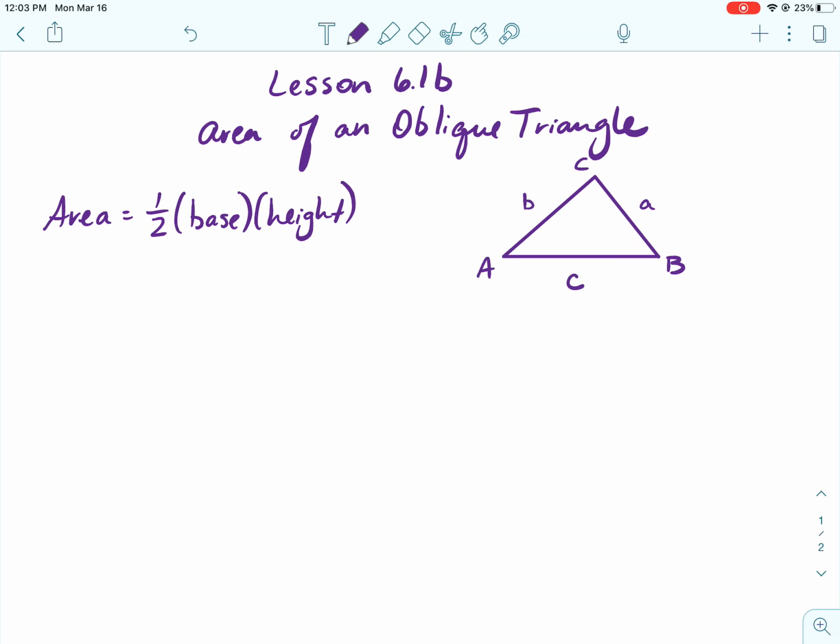Alright, so let's take this triangle in particular. If I labeled the sides according to their angles, it would be labeled this way.